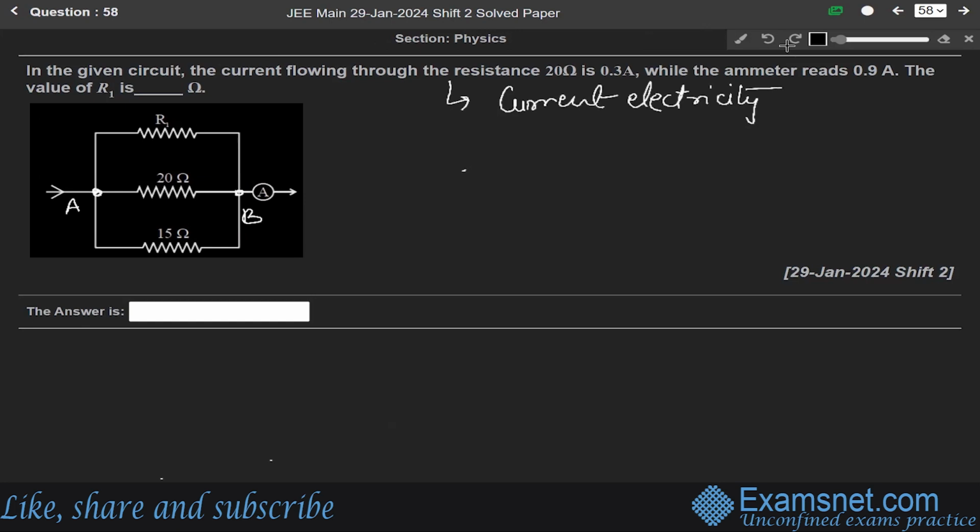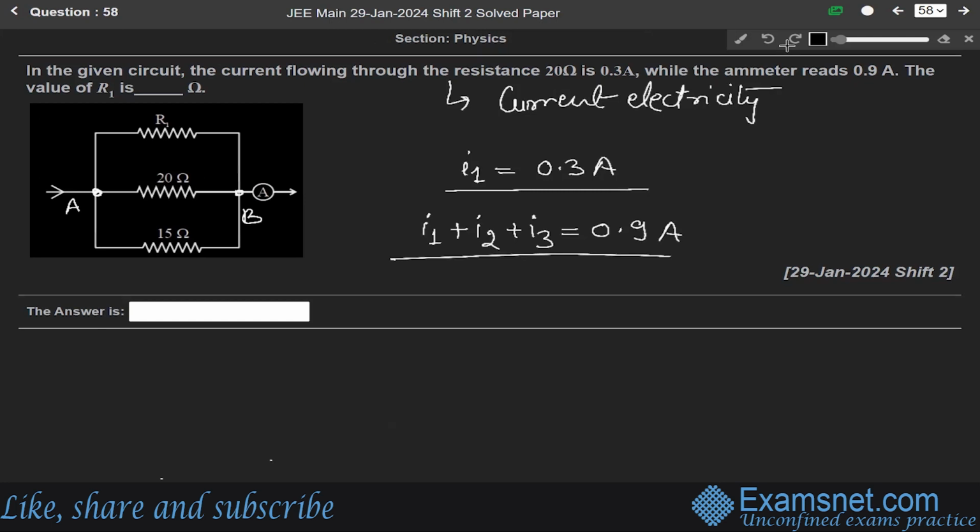So I1 is given as 0.3 ampere, and we know that at the junction point, I1 plus I2 plus I3 will be equal to 0.9 ampere, since the total current in the circuit is 0.9 ampere.